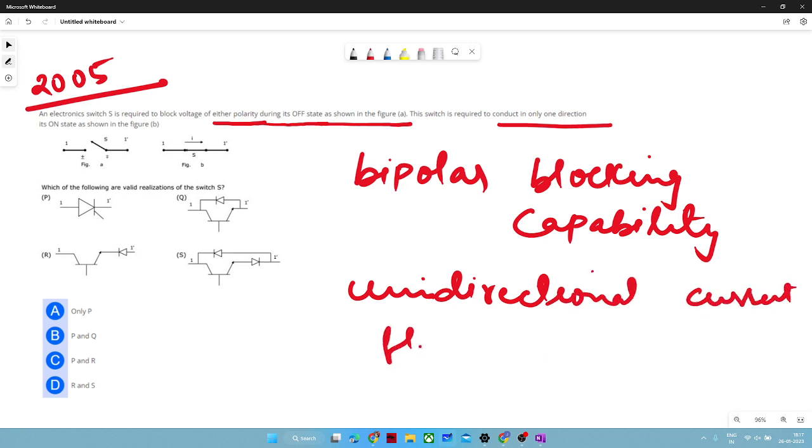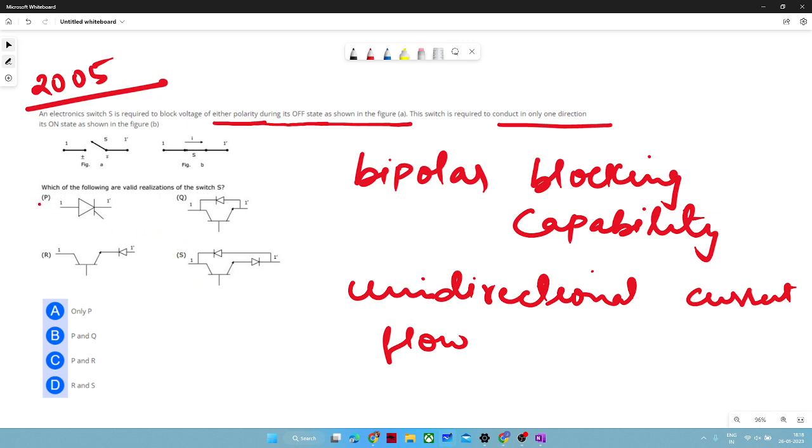Okay. Some switches out of these four options are not standard. Actually, some of these switches are made up of a combination of two or three switches, so that we can see here.